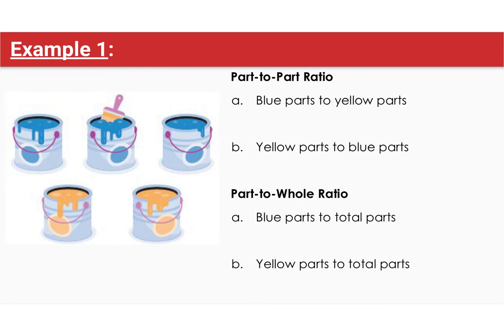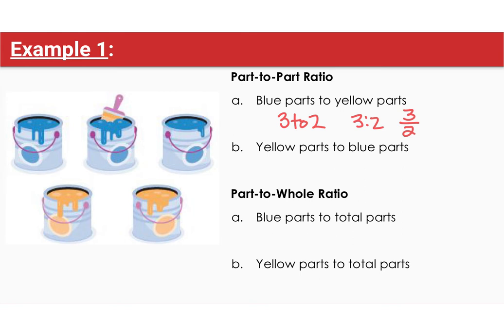With ratios, we have different types of ratios, so we're going to look at the part-to-part ratio. So for instance, blue parts to yellow parts. If I count the cans over here, I have 3 blue to 2 yellow. Or I could write it 3 to 2 or 3/2.